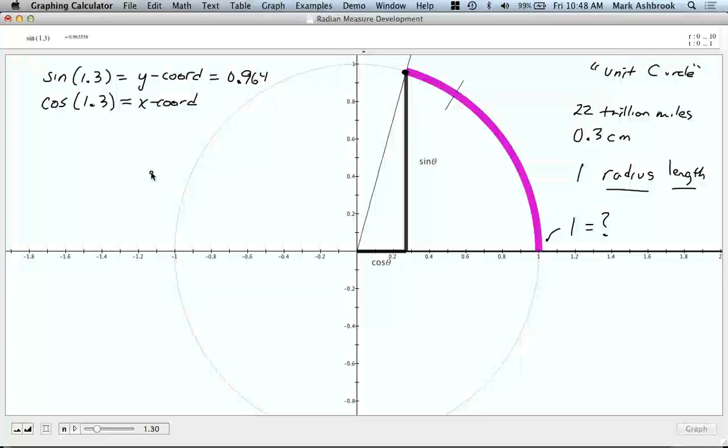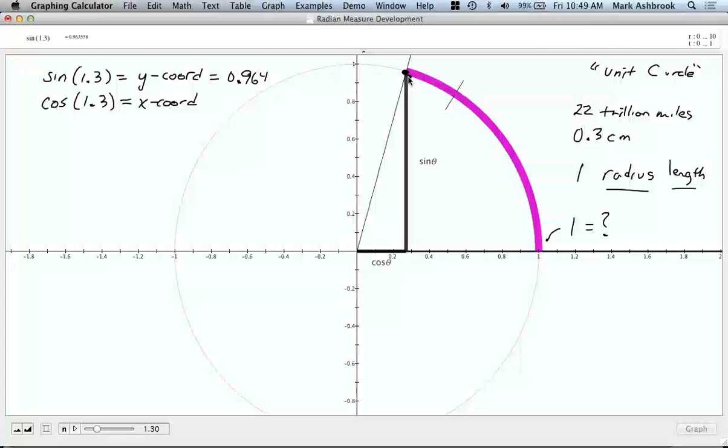So what's the meaning of that number? 0.964 what? Radius length. So we're 0.964 radius lengths above the horizontal diameter, where that y coordinate is 0.964 radius lengths up.